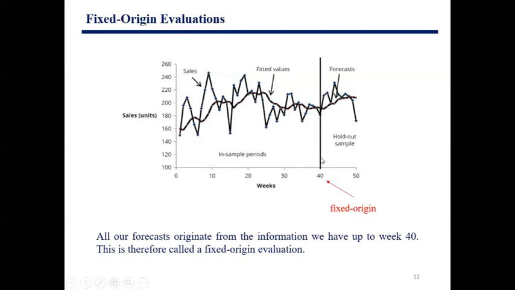With the fixed origin evaluation, we will have only one value for the one-period-ahead forecast. We will also have only one value for the two-periods-ahead forecast, and one value for the 10-periods-ahead forecast. So it's not, statistically speaking, a good way to estimate the accuracy of forecasts.